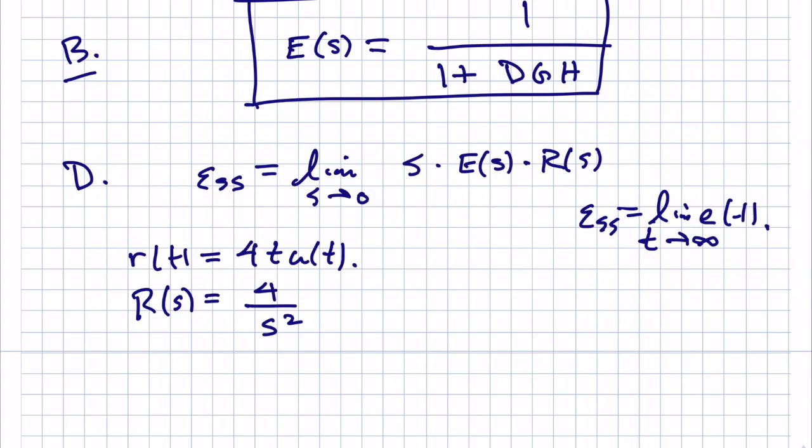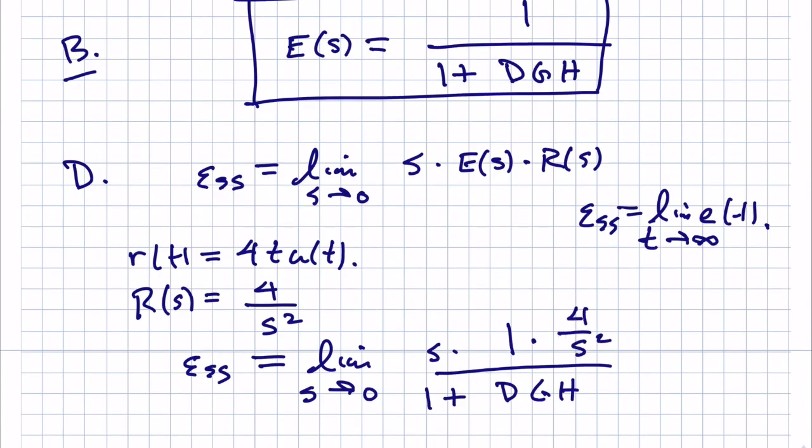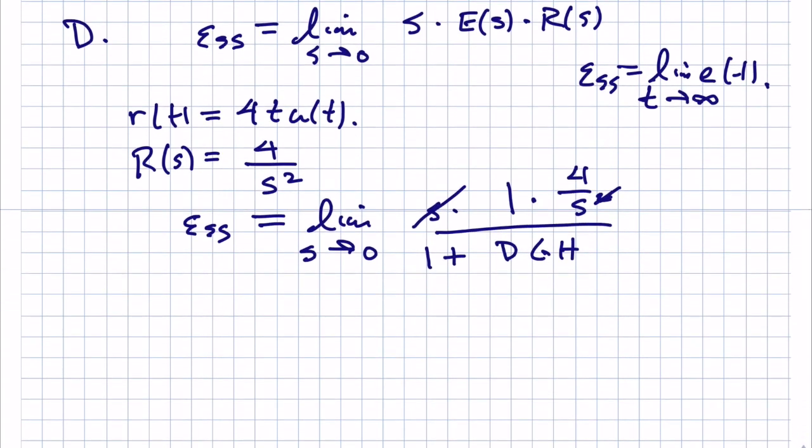Okay, so plugging into what we have left, we know that E steady state is going to be the limit as s goes to 0 of s times E. All right, so E is 1 over 1 plus DGH times R, and R is 4 over s squared. Okay, so we notice that the s from the final value theorem cancels with one of these s's. All right, so that lets us move down and continue on.